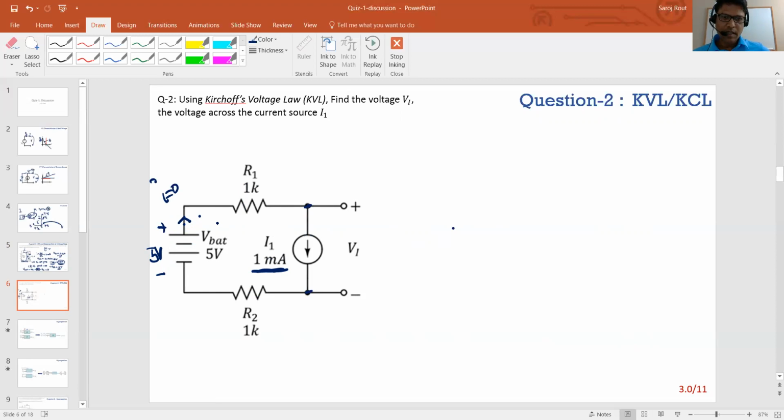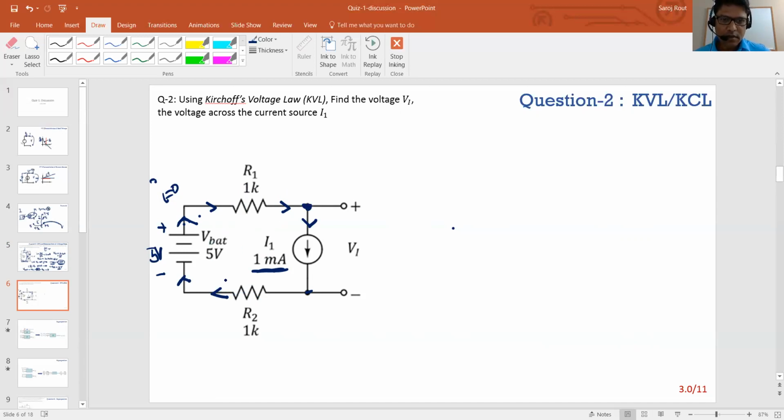So this one again has one branch, right? And the current is also known a priori, because if you look at the KCL at this node, if this is 1 milliamp, then this has to be 1 milliamp too. This has to be 1 milliamp, which means 1 milliamp has to flow from here, 1 milliamp has to source in here, and 1 milliamp flows through the resistor as well, right?